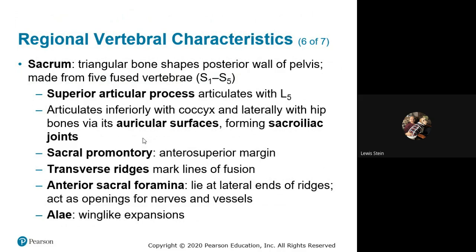Here's the sacrum in the middle. So it's got an area that looks like an ear that mates to an area on both of the hip assemblies. So when you hear about the sacroiliac, that's the joint. The sacrum has 4 or 5 bones fused together, and there's 2 or 3 that make up the coccyx.